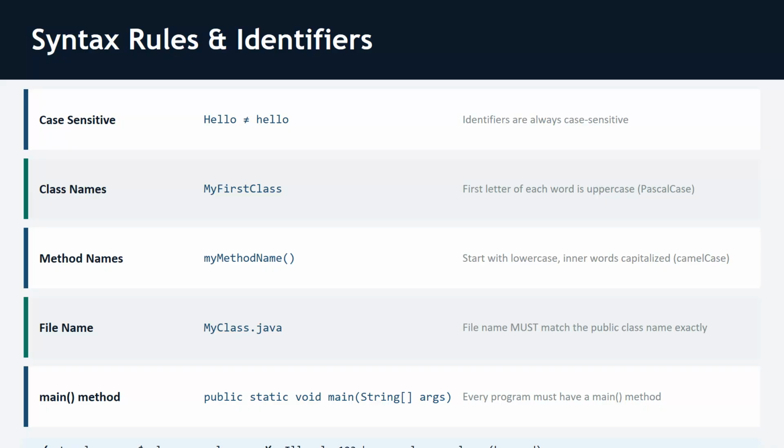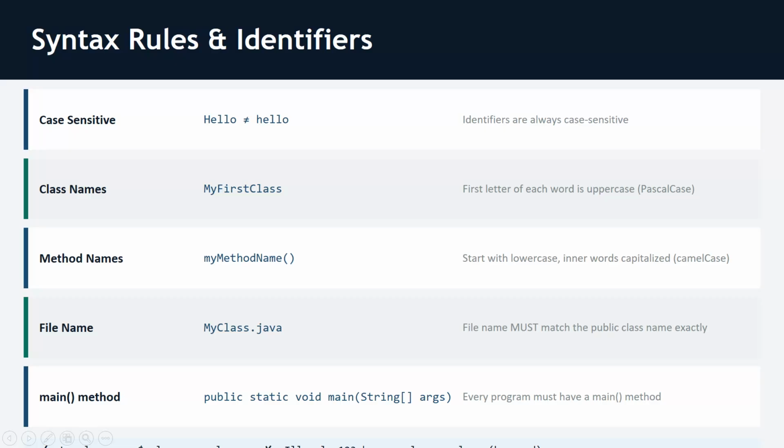When you're using identifiers, you need to know how to declare them, how to set them up, because when you say Hello with a capital H and hello with a small h, they are different. So for class names, like MyFirstClass there, the first letter of each word is uppercase. So you use the Pascal case to write the class names.